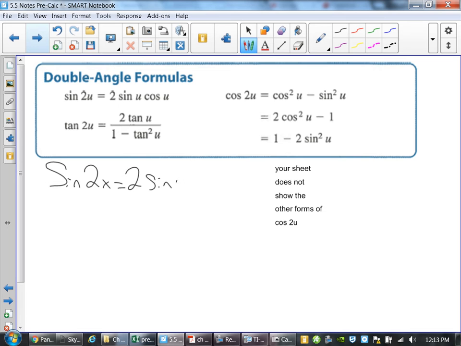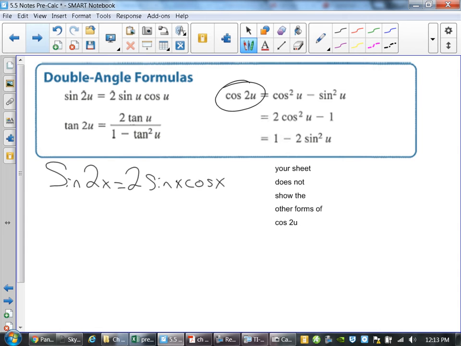The only difference between this formula and what's given in your book is they use an x, not a u. Also, when they're talking about the cosine of a double angle, you get cosine squared minus sine squared.